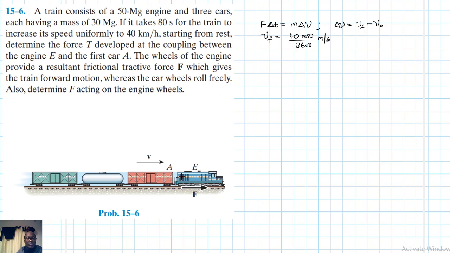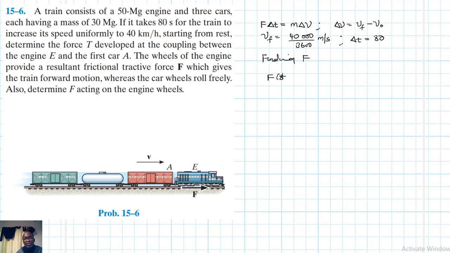And so we need to find F, and our delta t there is just equal to 80 seconds.